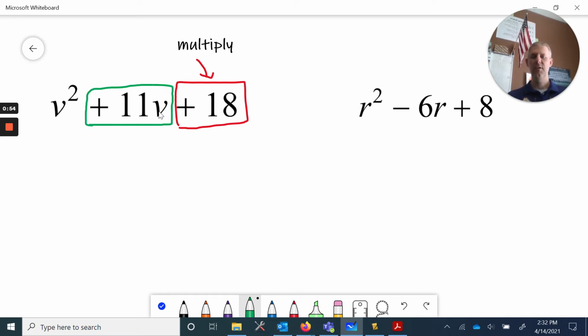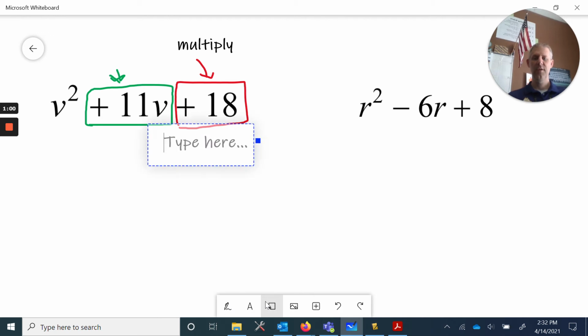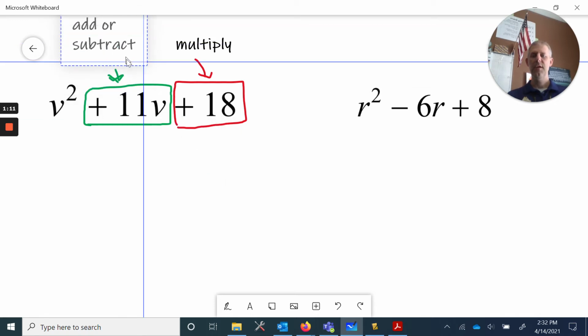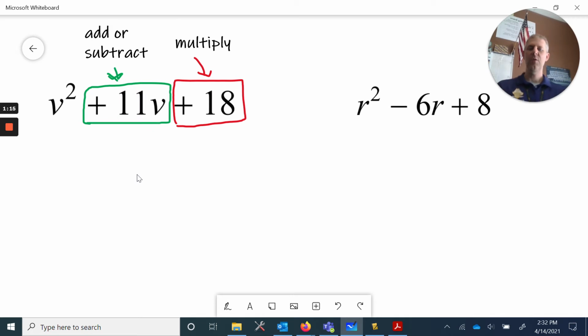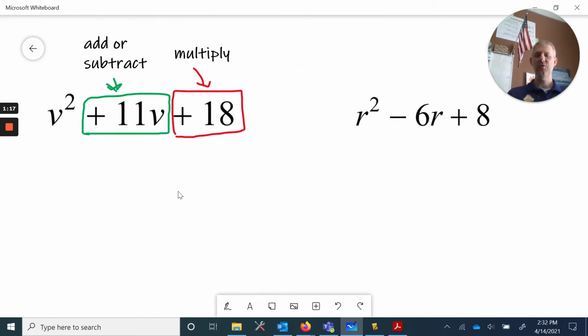So they have to multiply to give me 18 in this example, but they have to add or subtract to equal 11. Now this works when my coefficient on this is 1. When this is not 1, we follow just a slightly different strategy, which I would talk about in a future video.